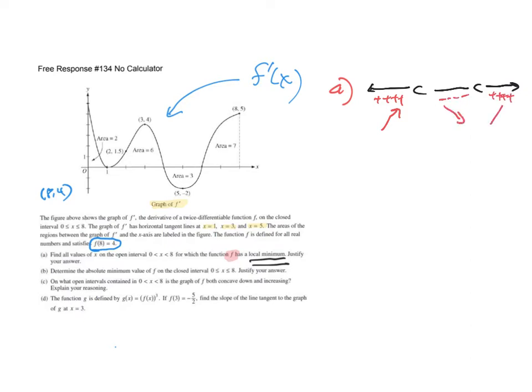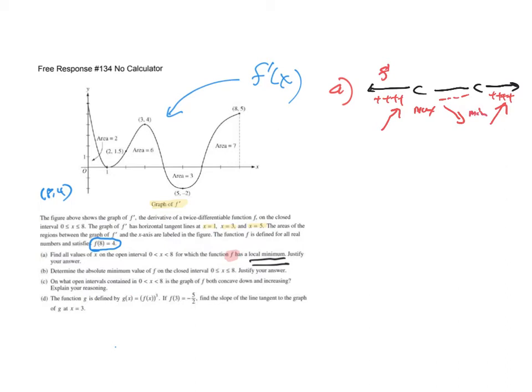And then when we analyze the sign diagram, remember we're doing a sign diagram on f prime, when the derivative goes from positive to negative, we determine that that is a local max. And when the derivative goes from negative to positive, we consider that a local min.